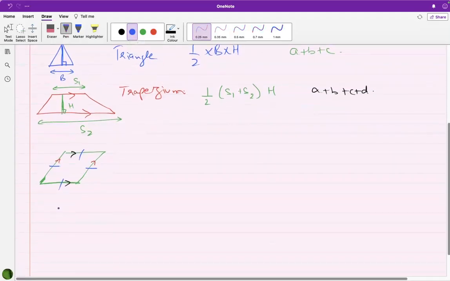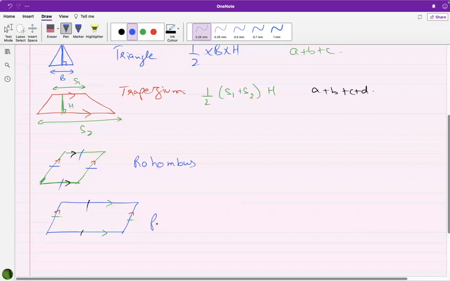Let me draw that. You'll feel the difference. It was like a mix of a parallelogram and a square. But in a parallelogram, we have two pairs of opposite sides which are equal and parallel. But in the shape drawn above, that is a rhombus.